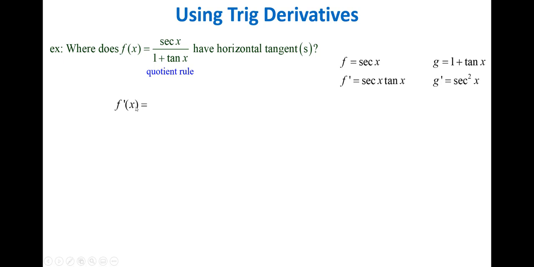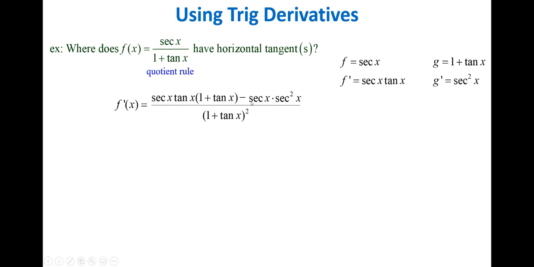So using quotient rule now, putting this all together, you have f prime times g, secant of x tangent of x, times, and make sure you put this in parentheses, 1 plus tangent of x, minus f g prime, secant of x times secant squared of x, and that's all over 1 plus tangent of x squared.